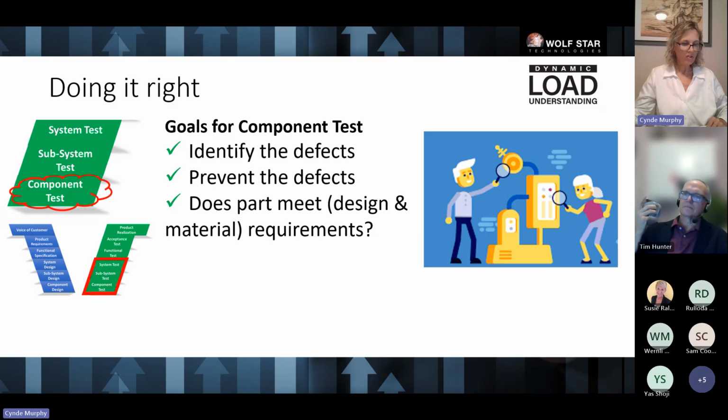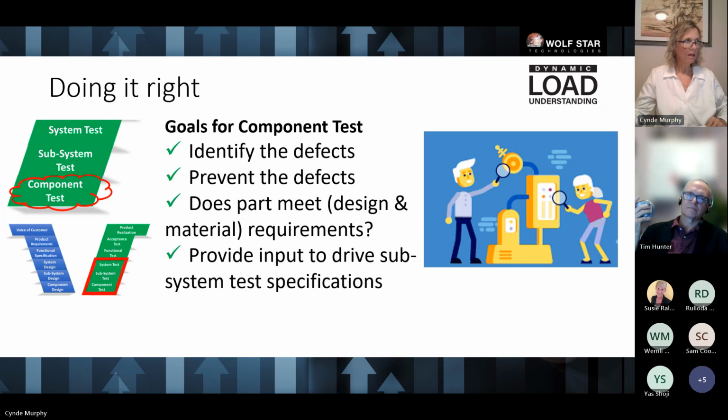The component test should determine if the part meets the requirements such as material selection or design. And then the output of the test can escalate to a subsystem test. That includes failure locations or loading.